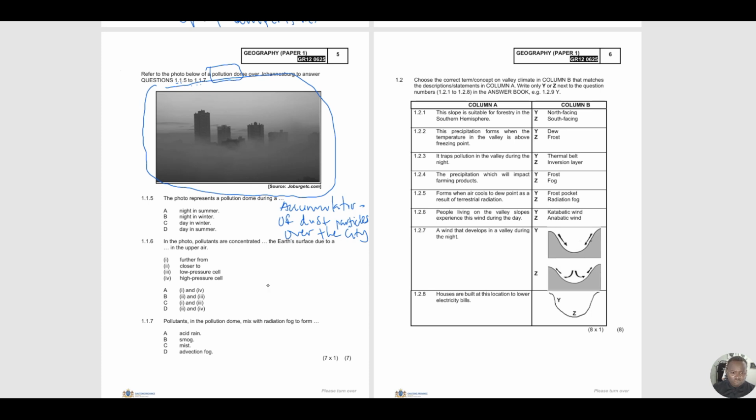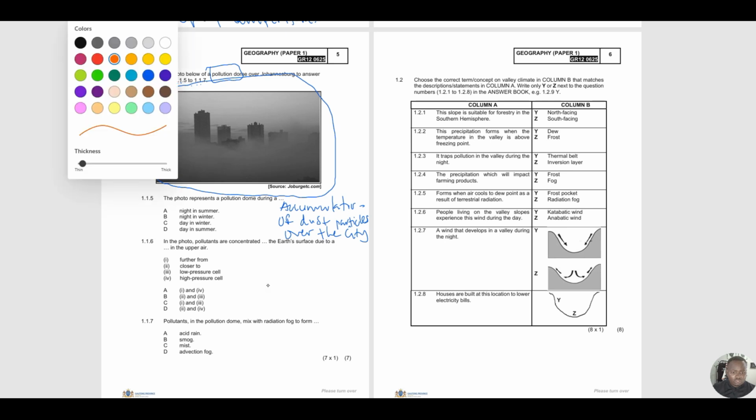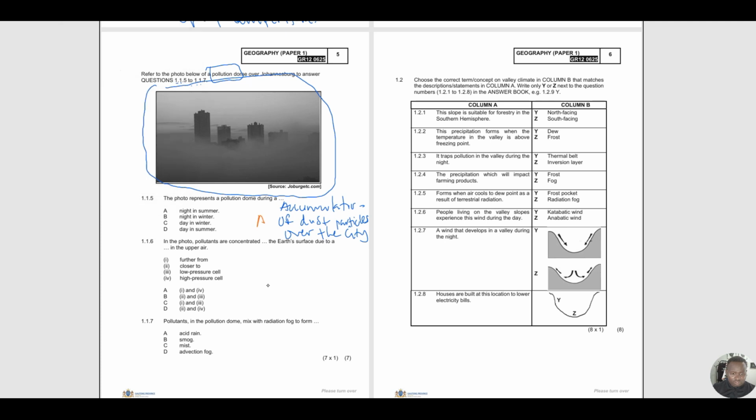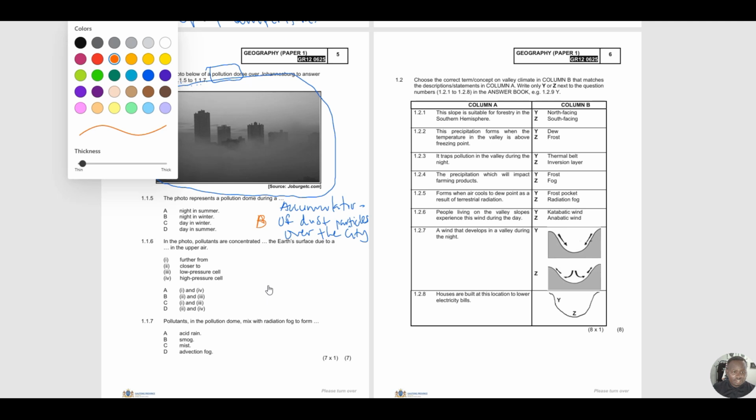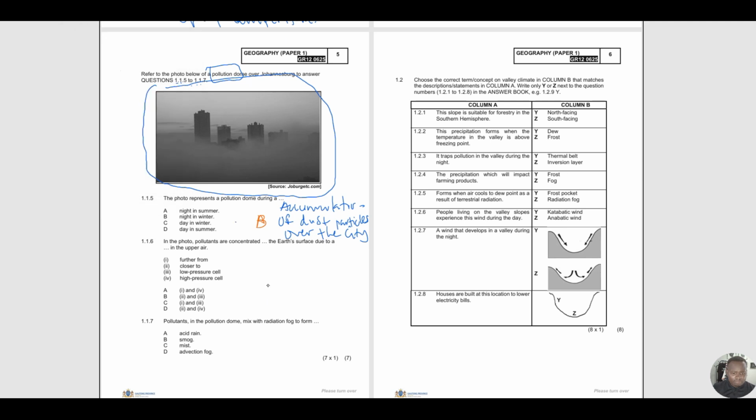So this will be the night. So our answer here should be A. It should be B, I mean. It's B because it's winter night. Night in summer, no. Winter night. It can't be D. So the answer is B there.